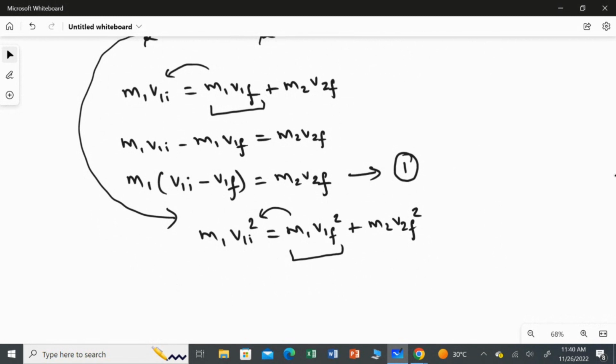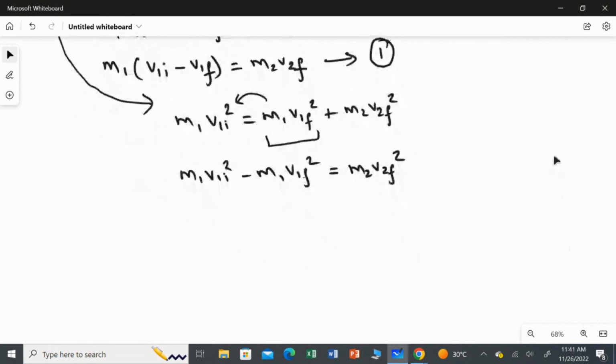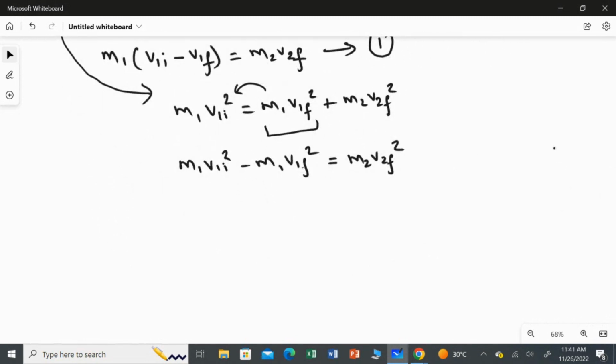By that, this term will take a negative value. So M1 V1 I square minus M1 V1 final square is equal to M2 V2 final square. In this equation, I am going to take M1 as the common term. If you take M1 outside, what will come inside the bracket? V1 I square minus V1 F square. Clear? Which is equal to M2 V2 final square. This is my second equation.